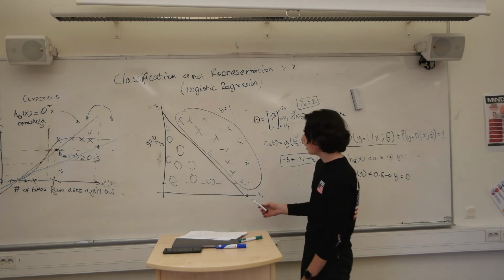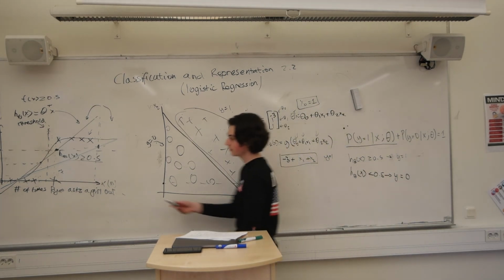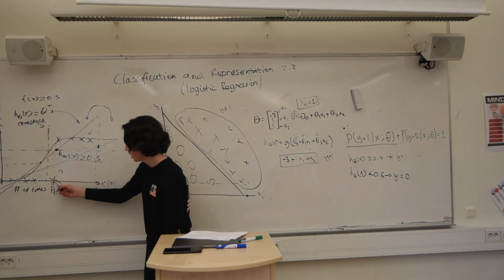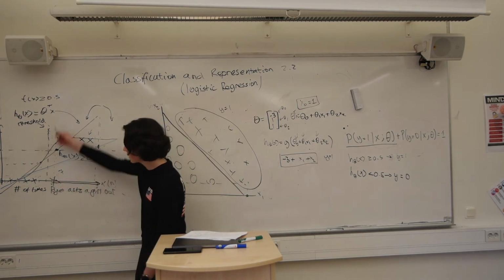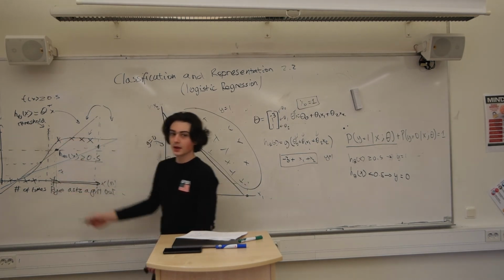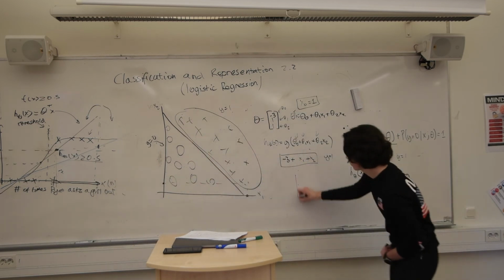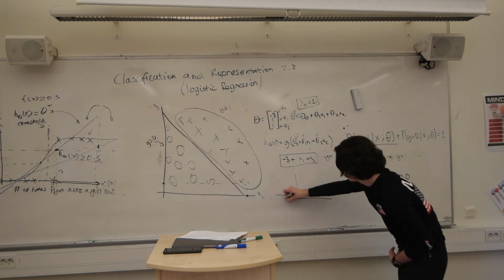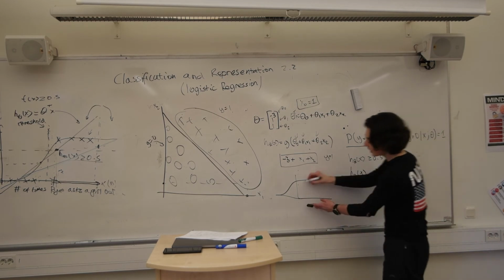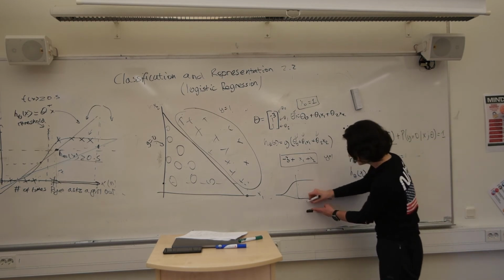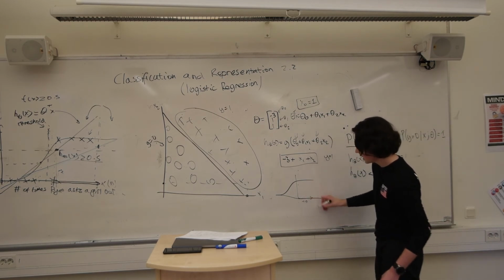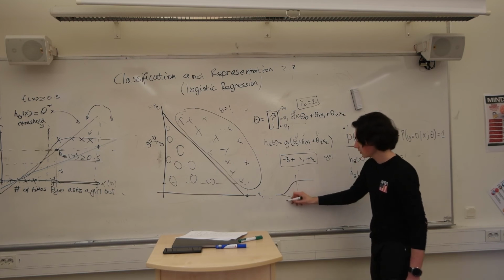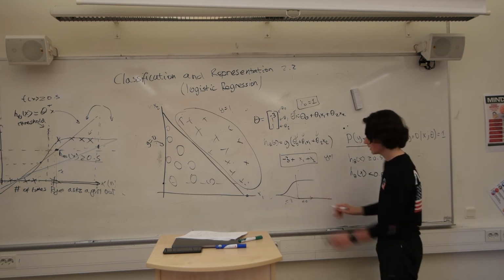Because if you take a look at your sigmoid curve, I'll draw a small sigmoid here, like so. Notice how everything to the right of this is greater than 0, and everything to the left is less than 0.